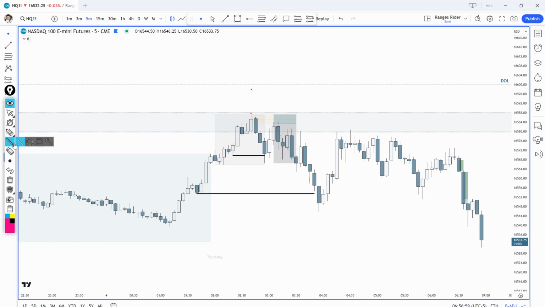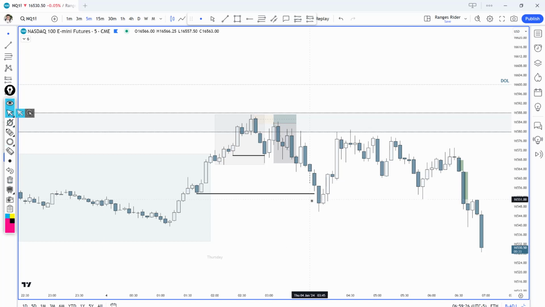At first, I said this is my protected high, right? And this was the QM here. Then now this is my protected high. And this is my external range liquidity when I will enter somewhere here.